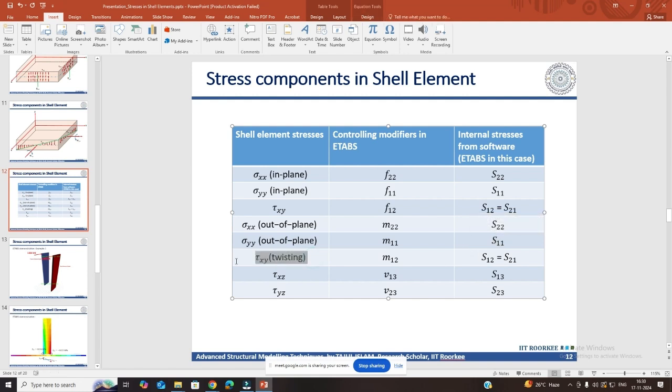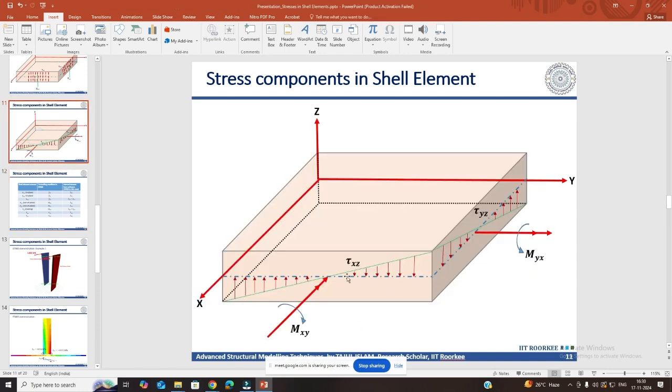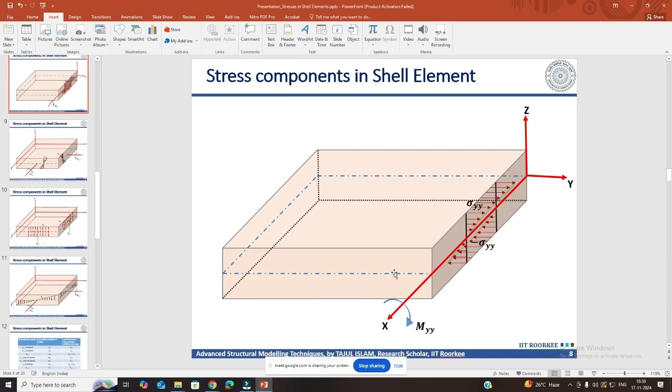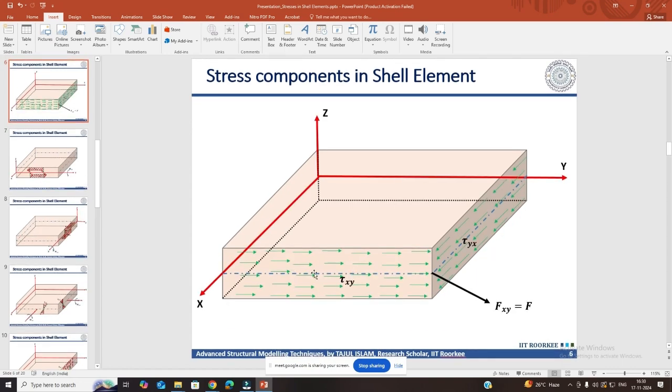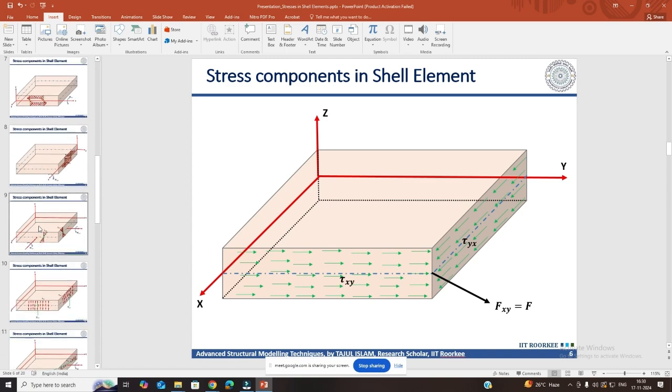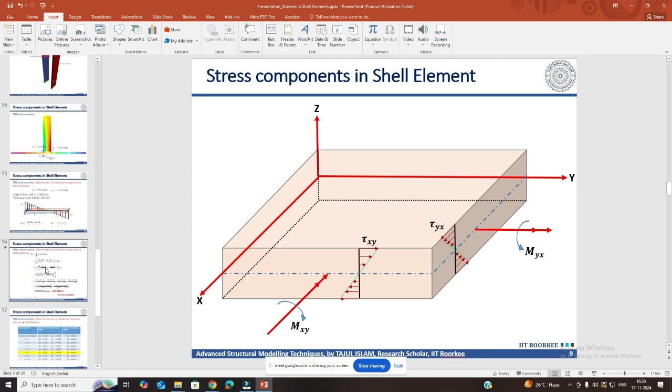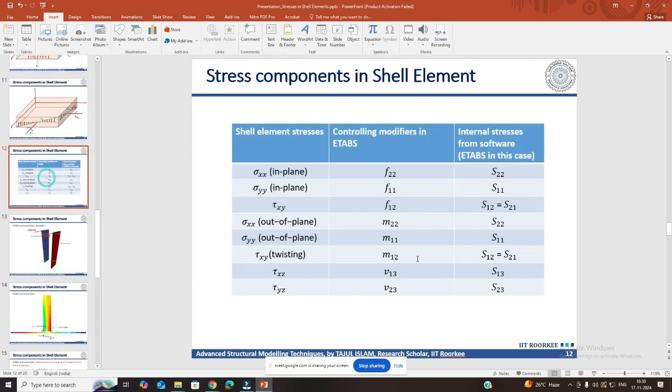Then tau xy because of twisting, this one, sorry, not this one, this one, in-plane shear stress. So this is similar to this one, tau xy. Although the direction can be either positive or negative, the nature of the stresses will be the same. Okay, tau xy. So to control this, you can provide M12.